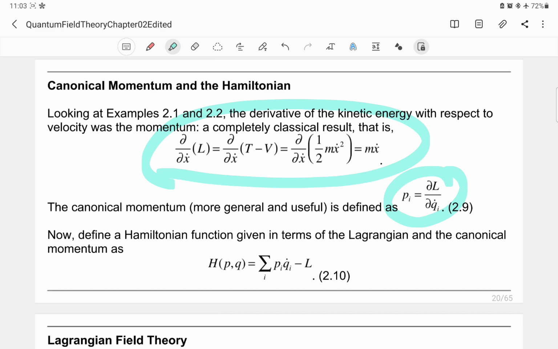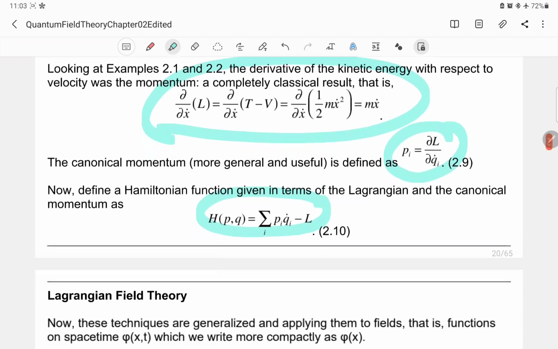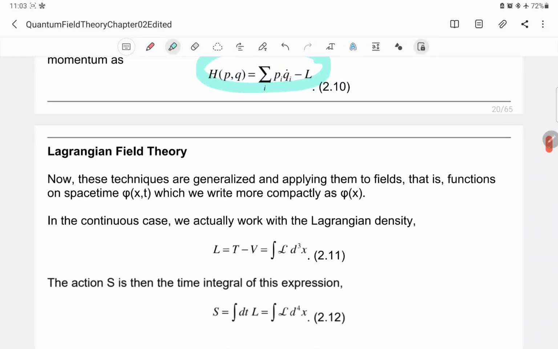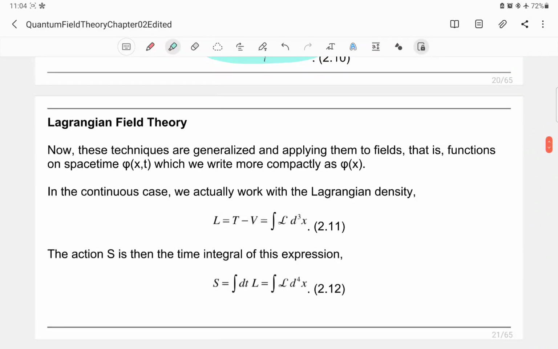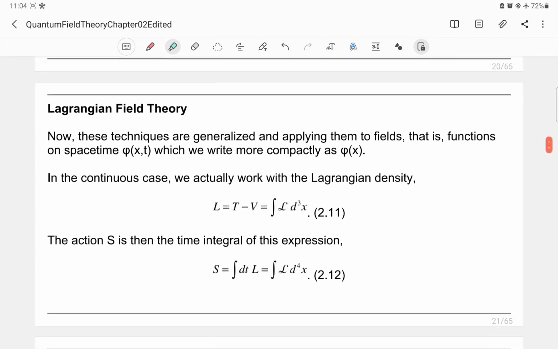And now we define the Hamiltonian function in terms of the Lagrangian and the canonical momentum. So here is the Hamiltonian function. We will be discussing these things in more detail in the following chapters.